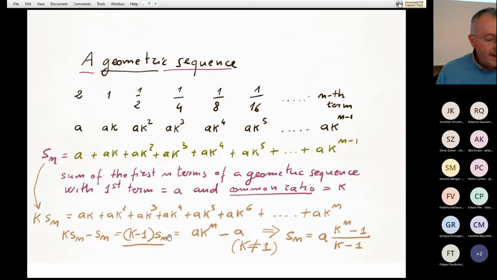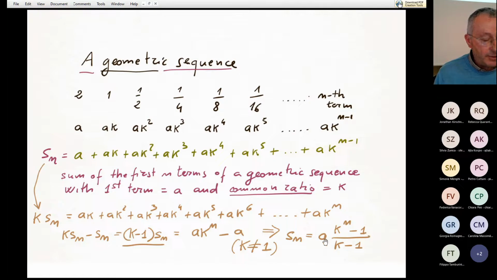It's 2 lines, but basically, if we know that terms evolve according to a geometric sequence, and we want to compute the sum of the first n terms, and we know the first term, a, and we know the common ratio. The common ratio is the constant ratio between one term and the previous one, okay?